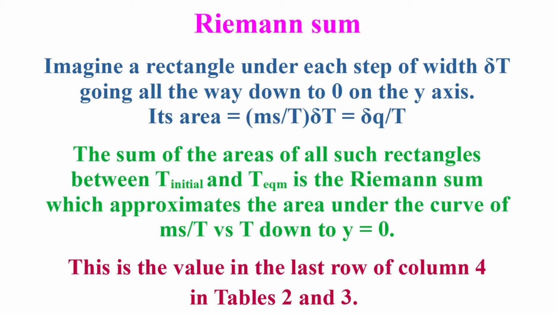This is an approximate overall value of the mysterious ratio for aluminum and for water during the spontaneous process of heat flow between them. This is shown in the last row of column 4 in table 2 for aluminum and table 3 for water.